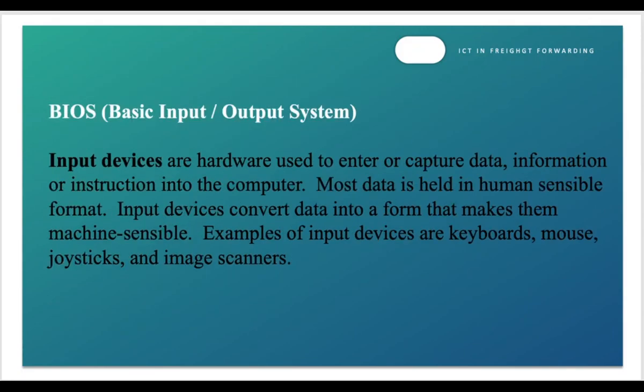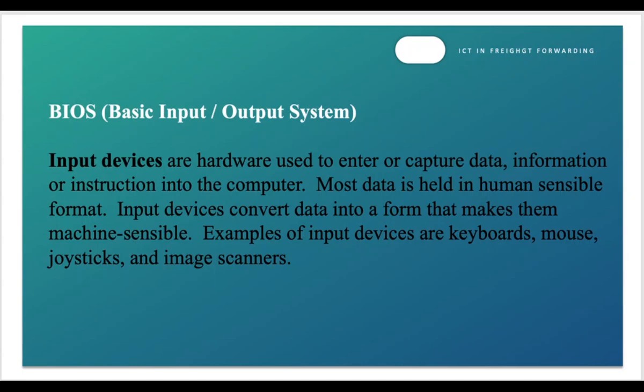So next, we would like to talk about input devices. The information we put on computers is basically held in human sensible formats. So we type into a computer certain thoughts or certain figures, and we want the system to add up these figures or to create a document for us.